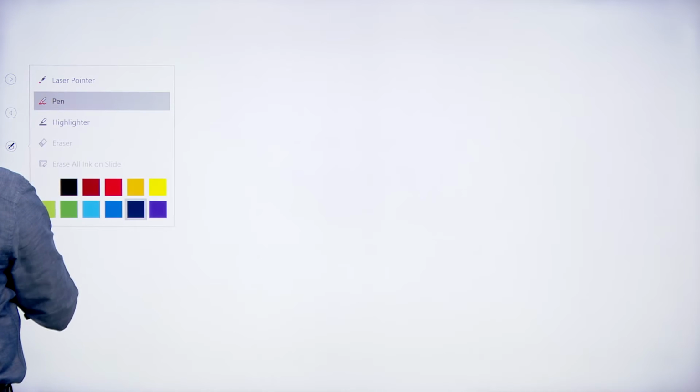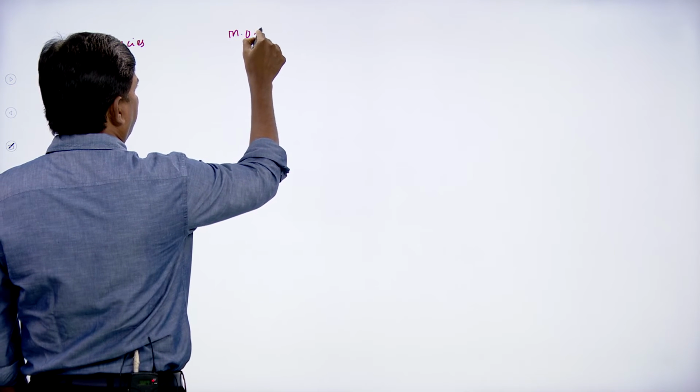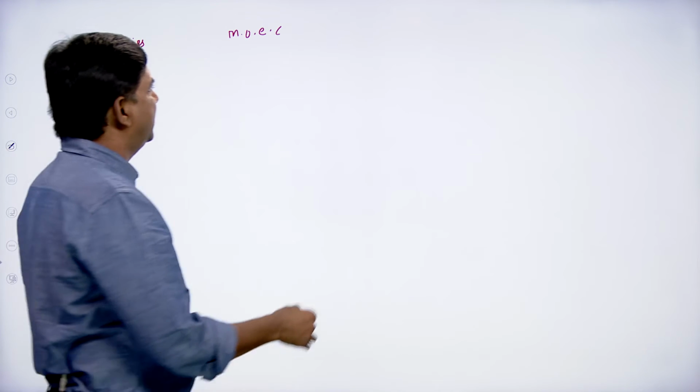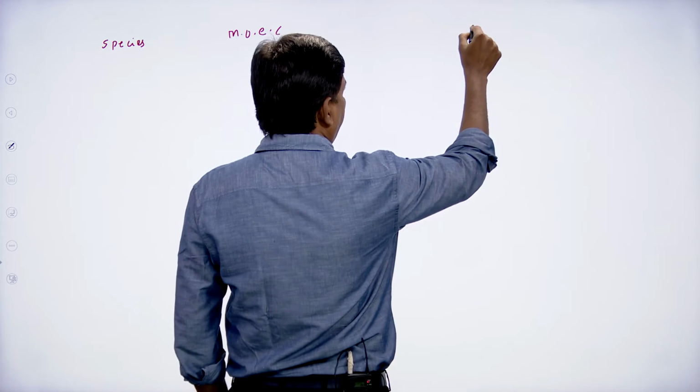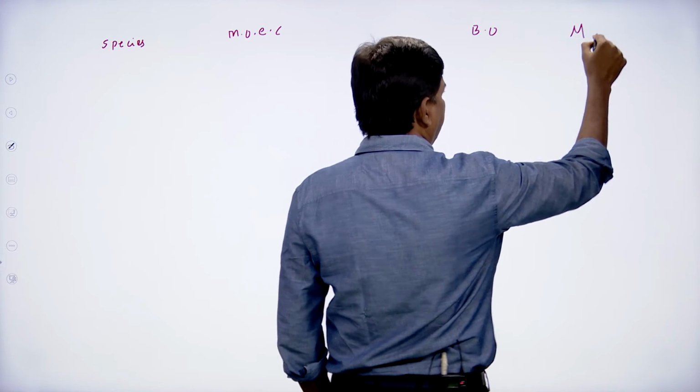Now here write one table, students, that is species, molecular orbital electron configuration, and here you have to write bond order, and here magnetic moment.